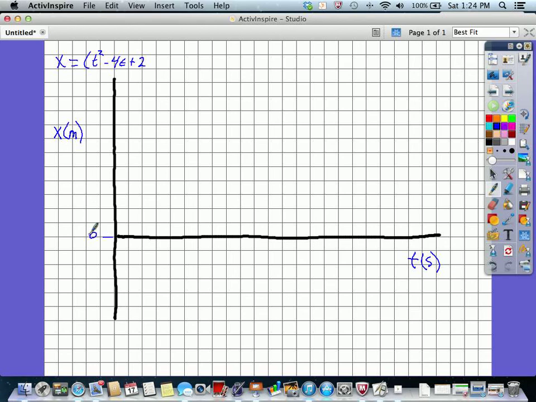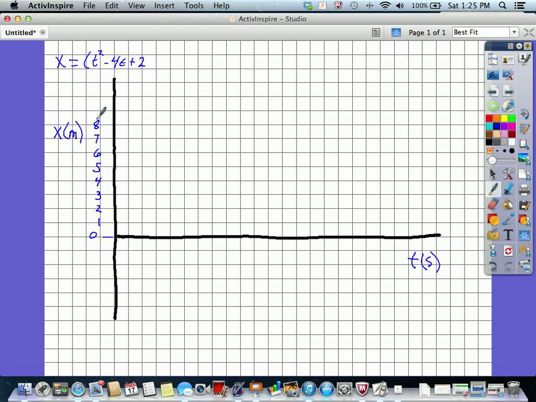Let's go up, I don't know, 7, 8 meters. So roughly 1, 2, 3, 4, 5, 6, 7, 8 meters.